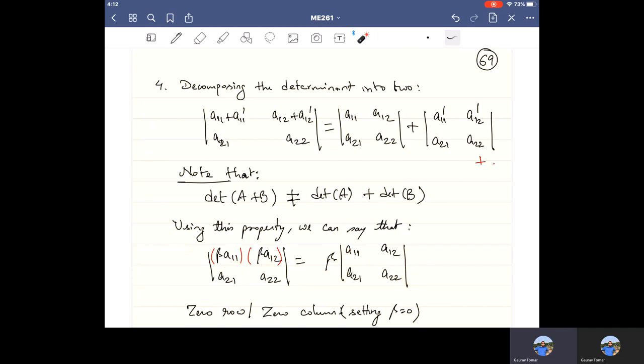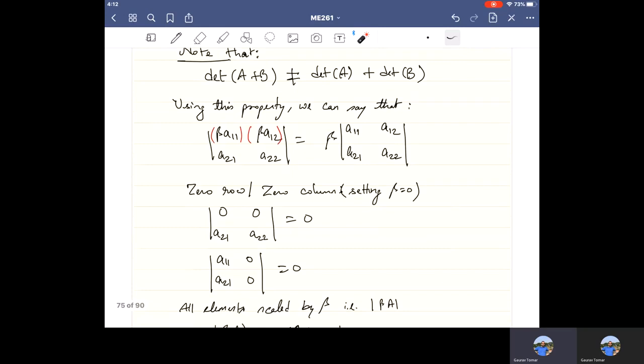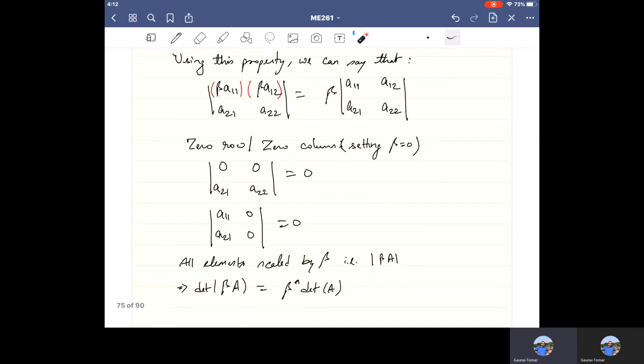So it's like scaling. If I choose beta to be 0, that means one of the rows goes to 0, then you can clearly say that my determinant also goes to 0. Correct? The same way for columns. Whatever can be said about rows will be said about columns also.